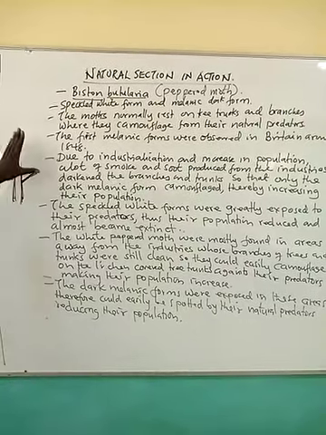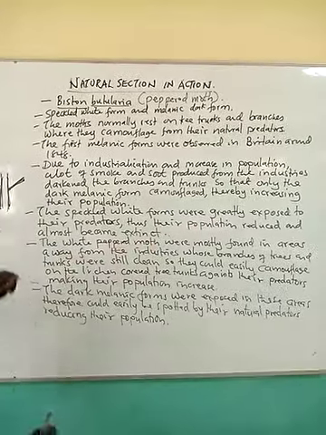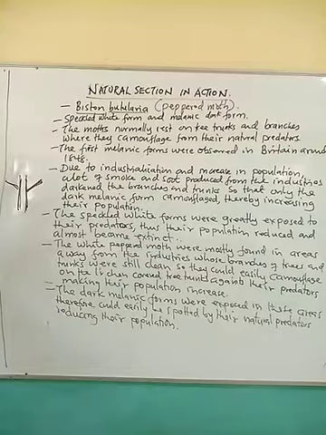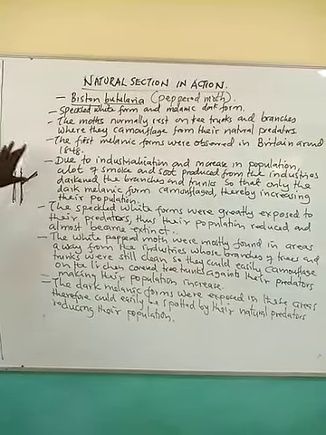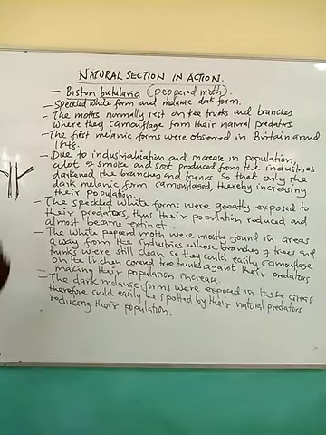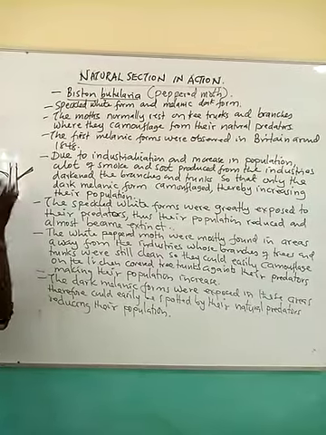It will be distinct. So we are saying that the speckled white forms were greatly exposed. If you look at a white background, and then there is a dark one, a dark background plus a dark melanic form, it will camouflage and will not be seen. But should there be a white melanic form, then it is going to be greatly exposed.